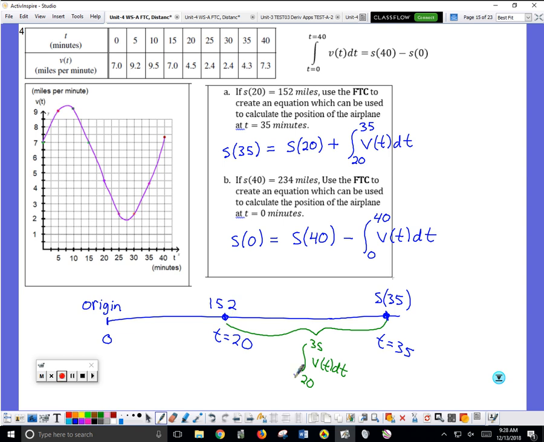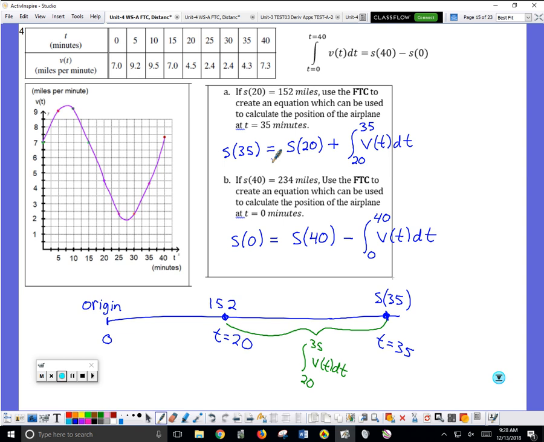If I integrate the rate of change of the plane, or the velocity, for the next 15 minutes, from 20 to 35, the integral will be this distance in green. That amount will be the change in the position of the airplane. Therefore, I need to take the 152 plus the integral to get the new position. That's where this formula comes from.